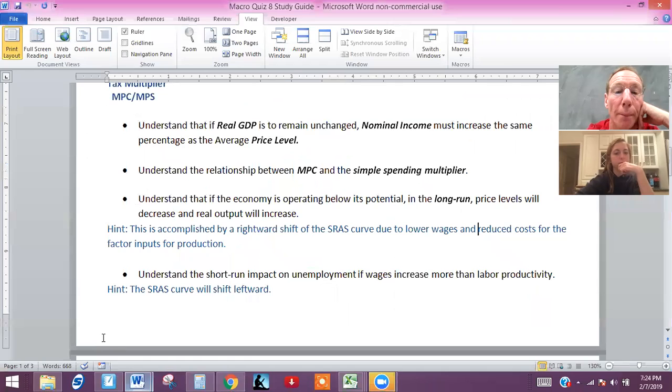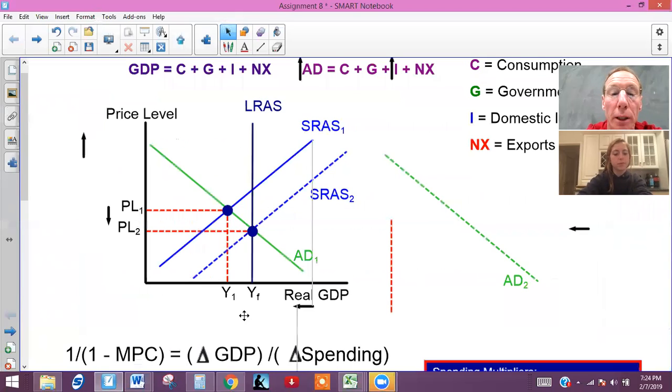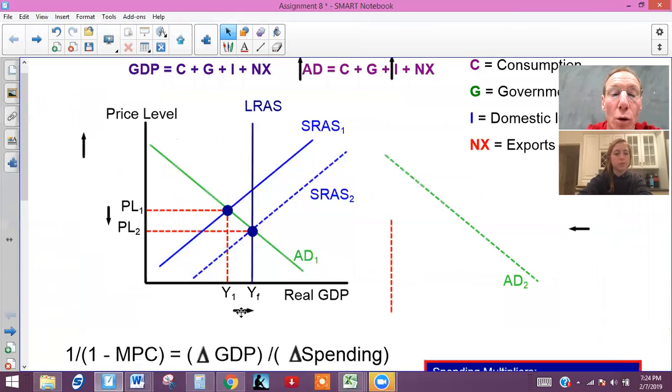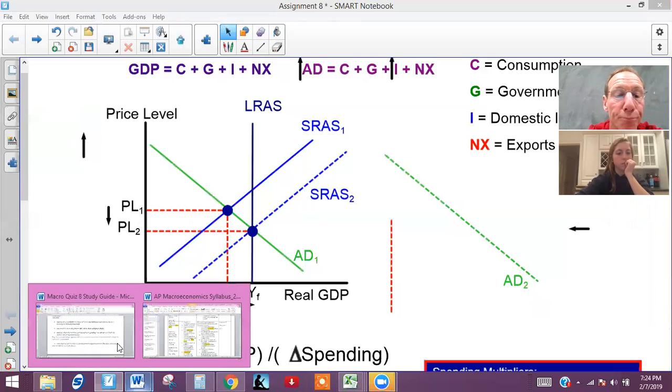In the long run, price levels will go down, but real output goes up. So we'll have a rightward shift of the short-run aggregate supply. Price levels go down, real GDP goes up, and that brings us to our full employment at our potential GDP, full potential.